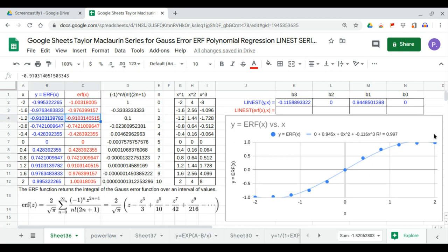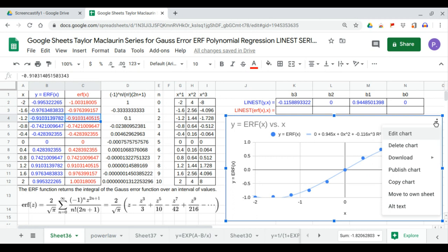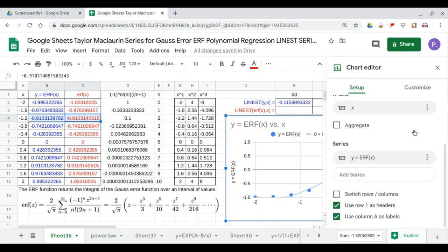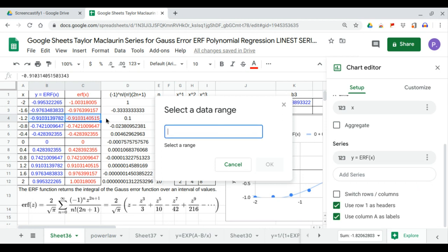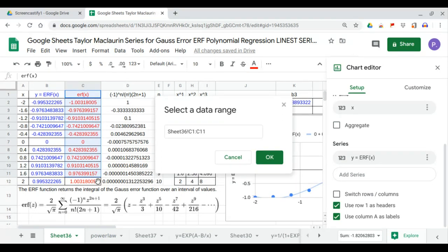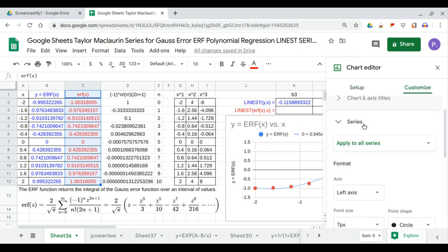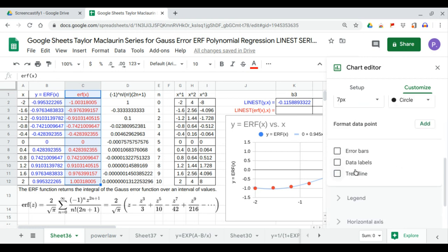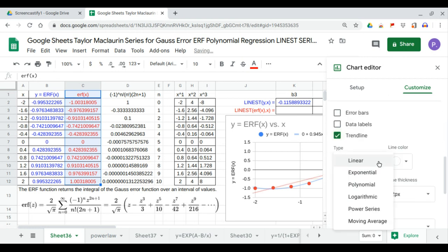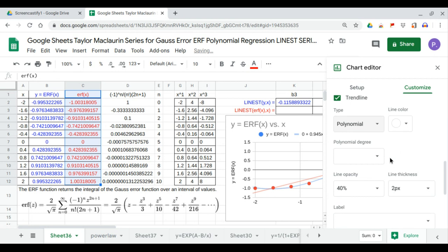We'll insert this to the chart, and insert the trend line as well. Use the same format, polynomial raised to the power 3.